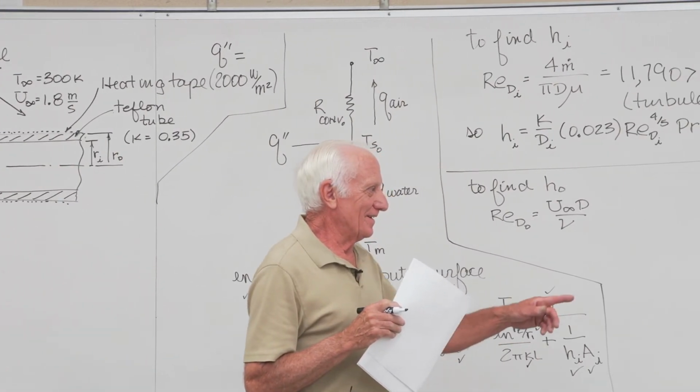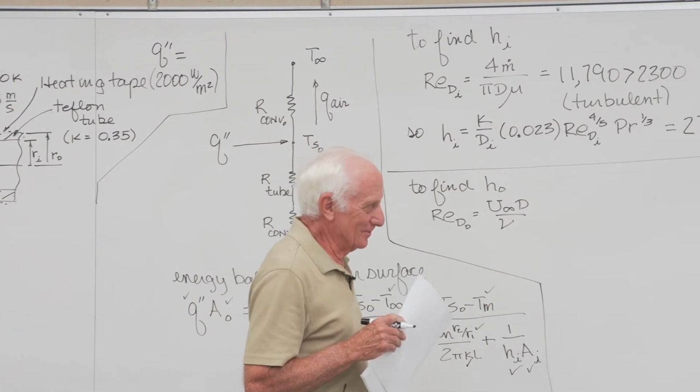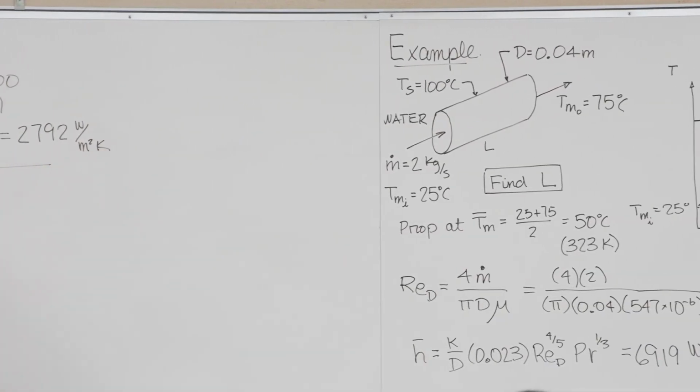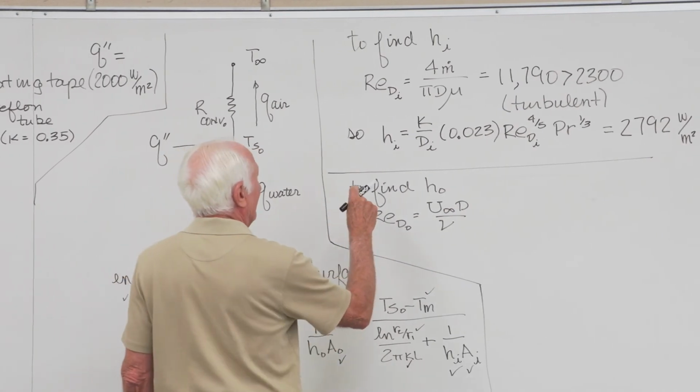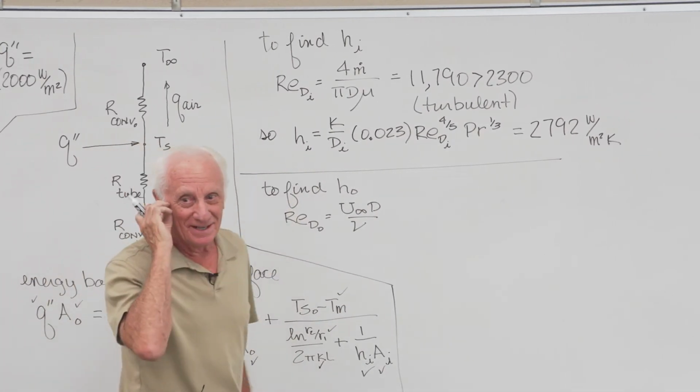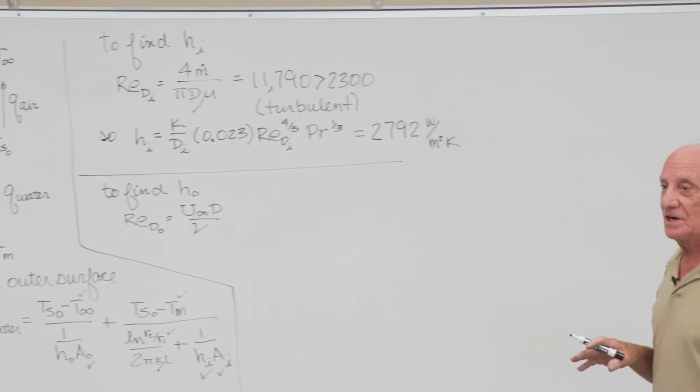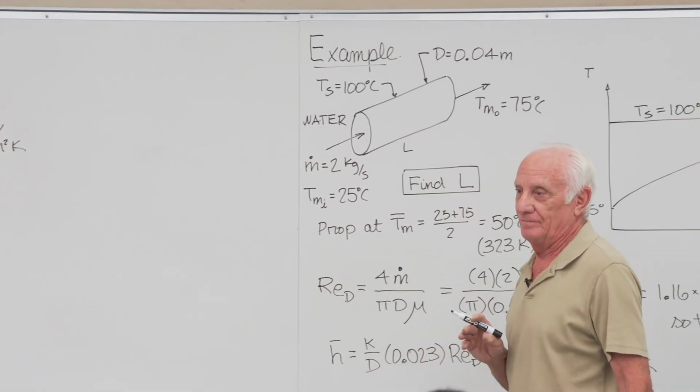So for turbulent flow, how come there's a bar over here, but there's no bar here? Because for turbulent flow, you can use the same H equation with the bar or without a bar.